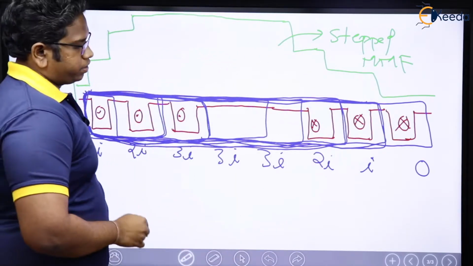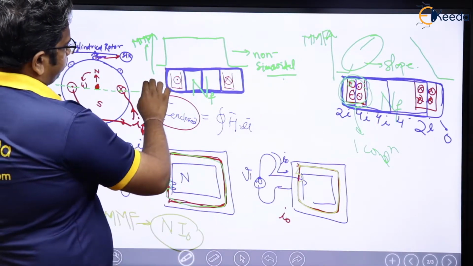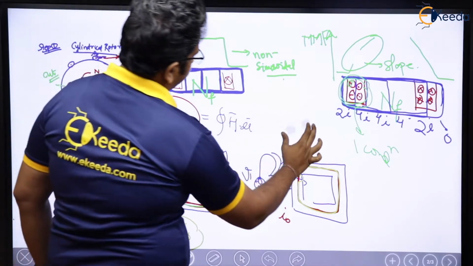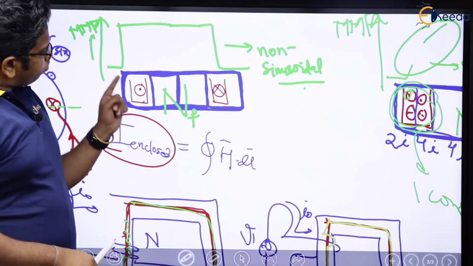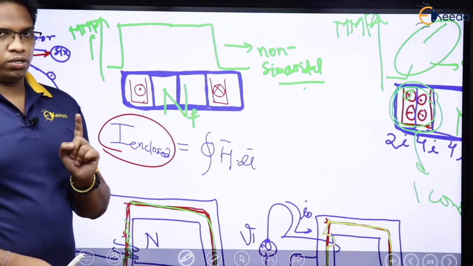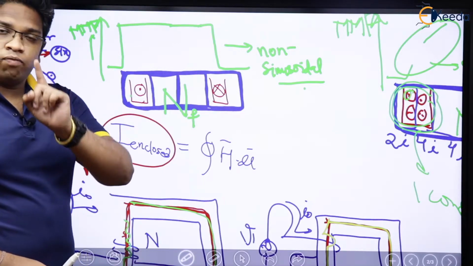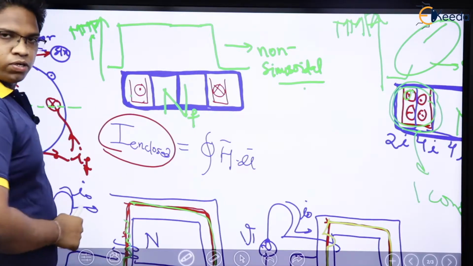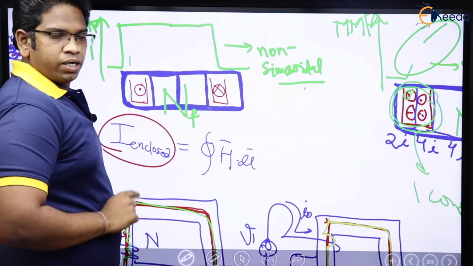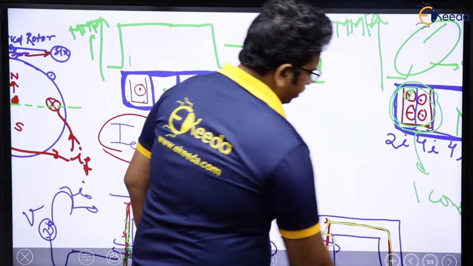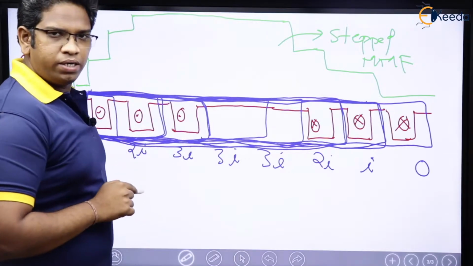Now you please tell me, when we had only one slot per pole, see here, I am repeating, we had one slot per pole here. So in that case, we got this one, right? But now when slots per pole are increased, I am having a step wave, right?